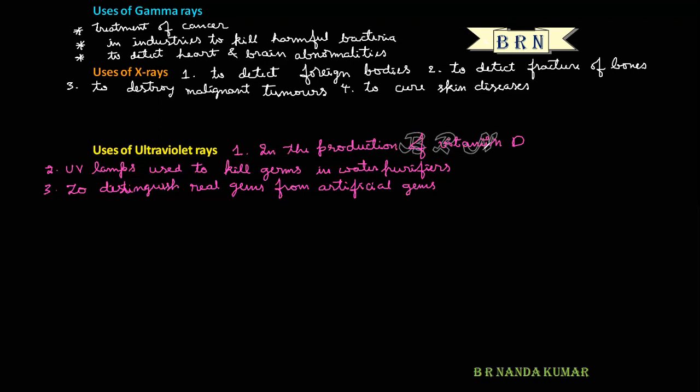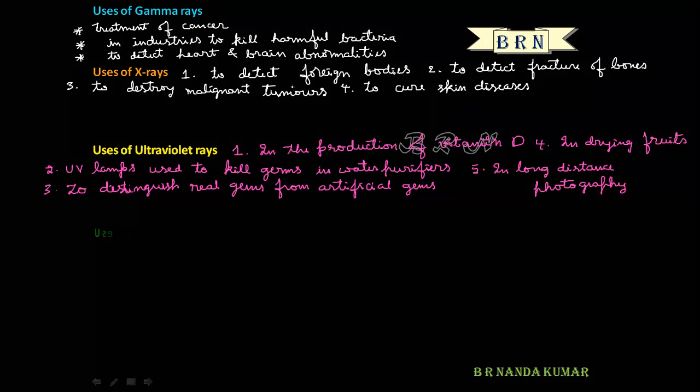And these are used in drying fruits, and to detect forgeries in documents, in the treatment of skin disease, bone disease, and used in long distance photography. So these are some uses of UV rays.